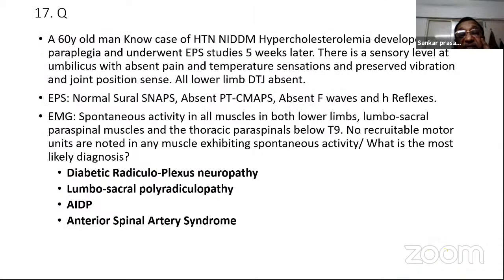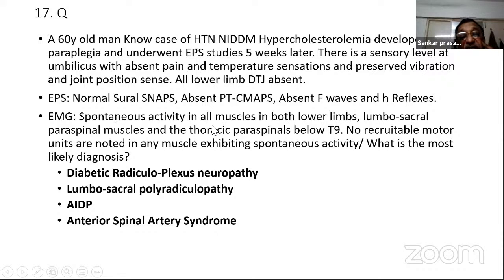A 60-year-old man, known case of hypertension, diabetes, hypercholesterolemia, developed acute paraplegia and underwent electrophysiological studies 5 weeks later. There is a sensory level at the level of the umbilicus, absent pain and temperature sensations, and preserved vibration and joint position sense. All lower limb deep tendon jerks are absent. The EPS shows normal sural SNAPs, absent PTC maps, absent F waves, and H reflexes.